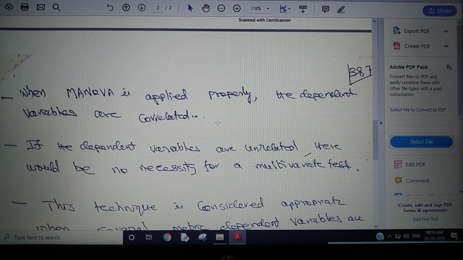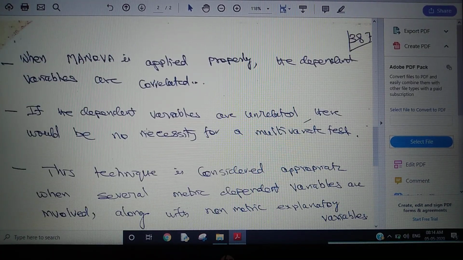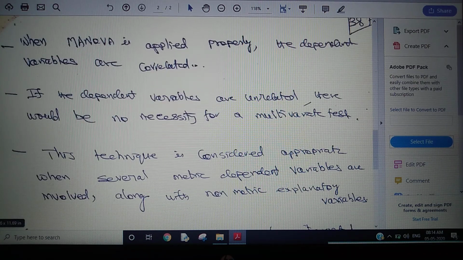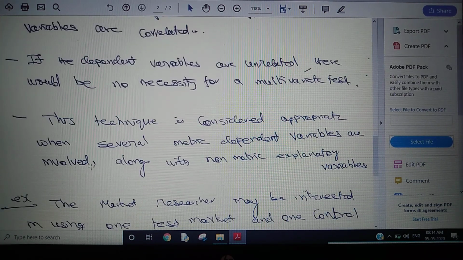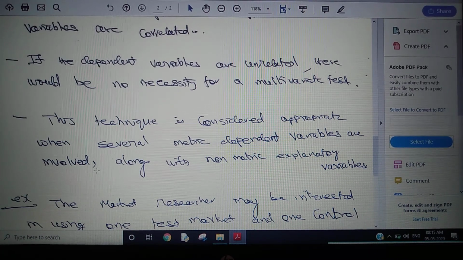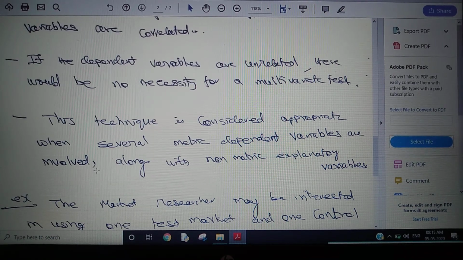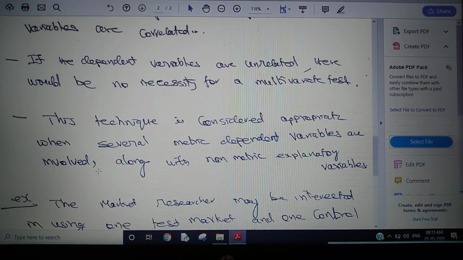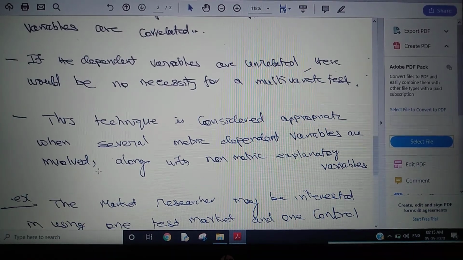When MANOVA is applied properly, the dependent variables are correlated. If the dependent variables are unrelated, there is no necessity of a multivariate test. If more than one dependent variable is there but they are not correlated, with no association between them, then we go for regression, multiple regression or simple regression.